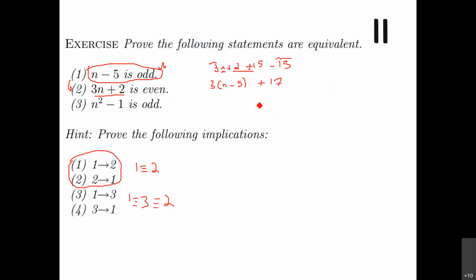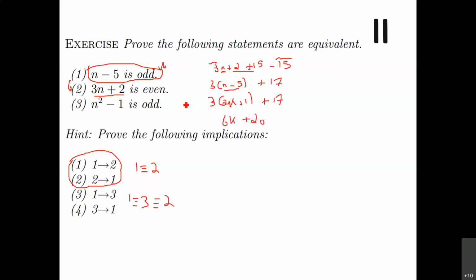Now you make use of your given, which is n minus 5 is odd. So substitute it by the formula of odd, which is 2k plus 1, plus 17 again. Let's expand. I have 6k plus 3 plus 17, which is 20.